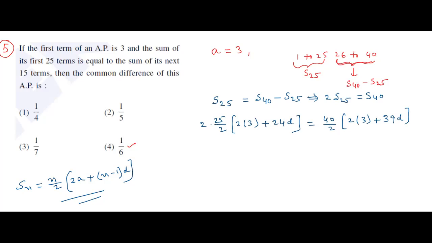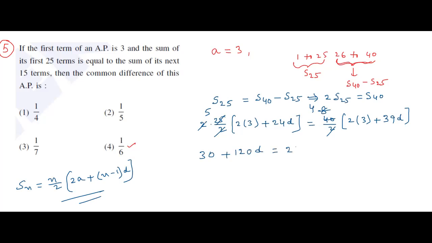In this calculation, find d. 2 to cancel. Okay. 5 5s are 25, 5 8s are 40. Okay. 2 4s are 8. Now 5 into 6 is 30 plus 5 into 24. 5 4s are 20, 5 2s are 10, 12. That's 120d.